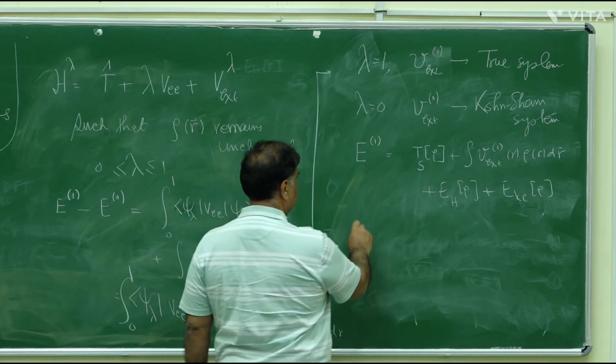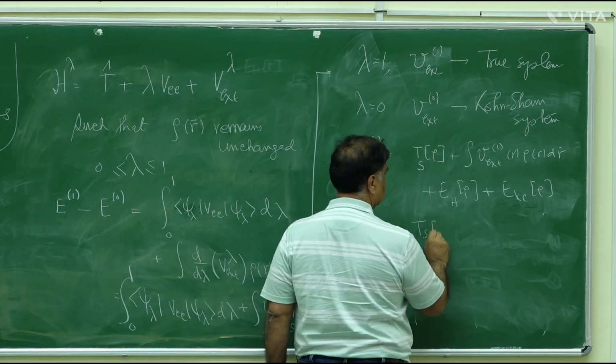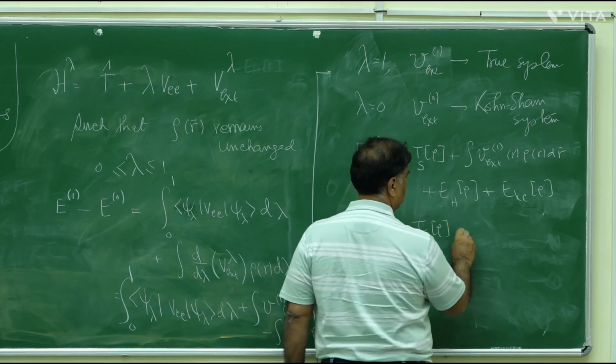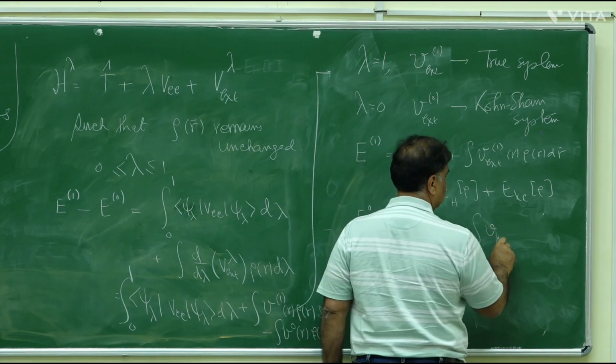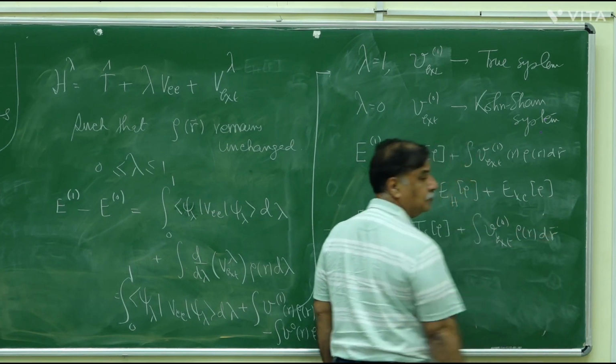And what is E0? E0 is the energy of the Kohn-Sham system, which is going to be Ts rho plus integration V external 0 rho r dr.